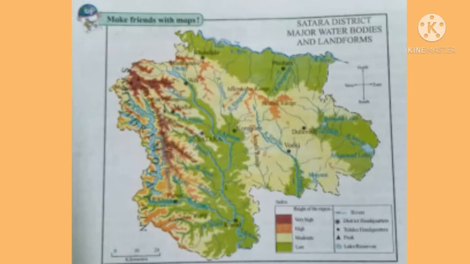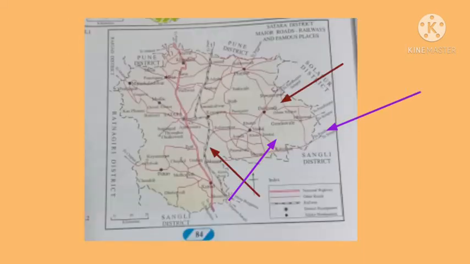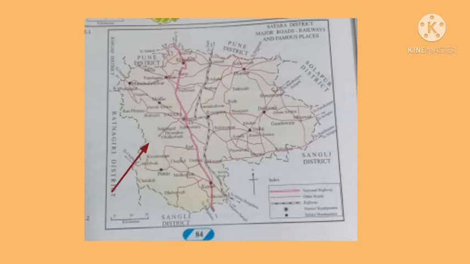And again, if you are observing, the central and the eastern parts of the district are comparatively of lower and medium elevations. Considering the physiography of the Satara district, the transport network is sparse in the west, whereas its density on the eastern side is medium.